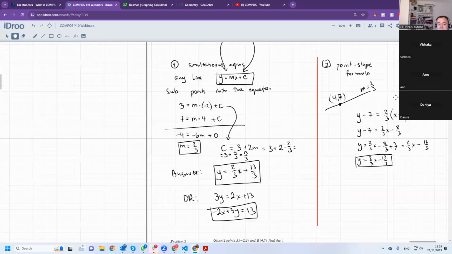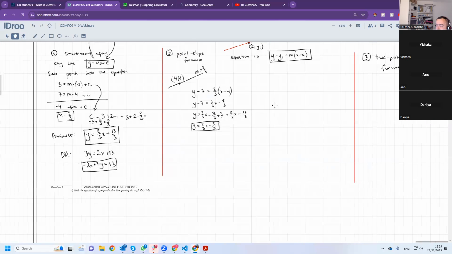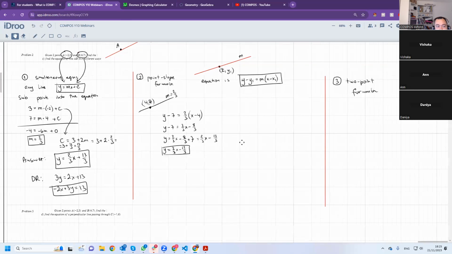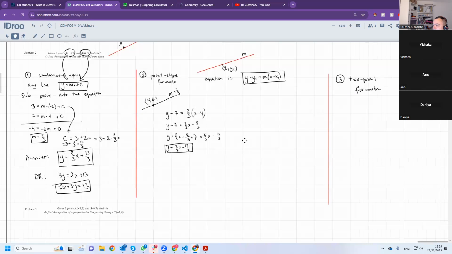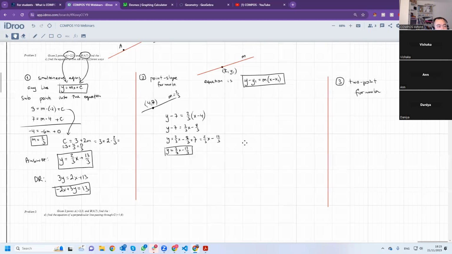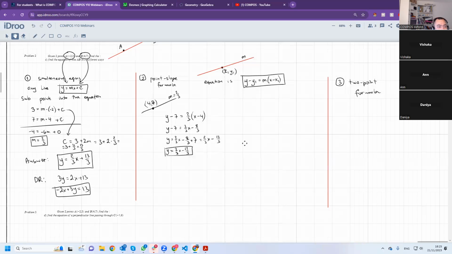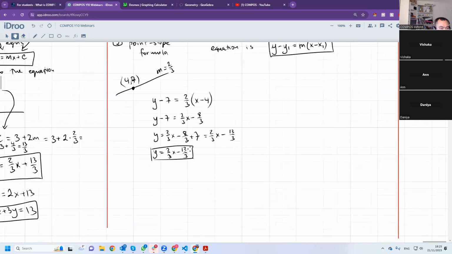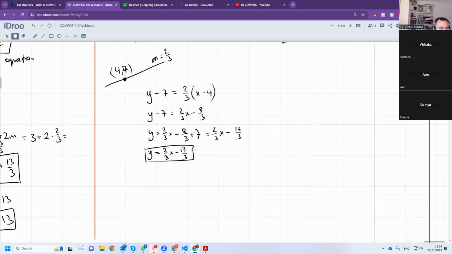Okay, does this one make sense? Is anyone confused? 1 for I understand, 0 for I am confused. Who made these equations? Well, we can prove them. Okay, fair enough.